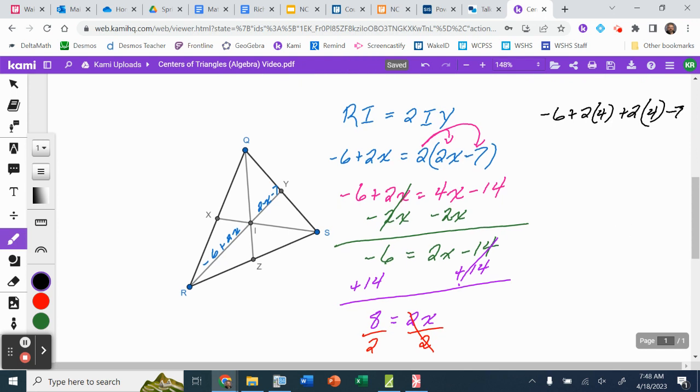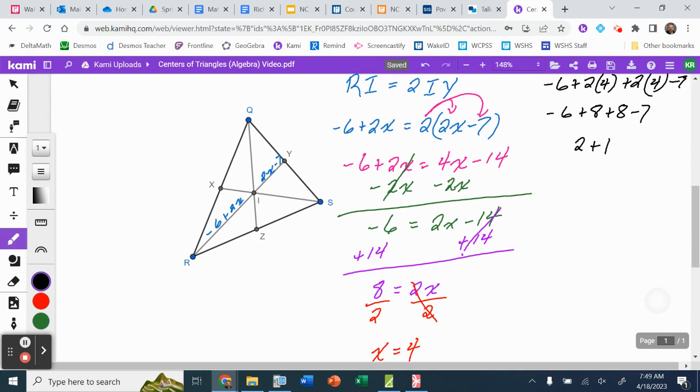So I have 2 times 4, so that's going to give us -6 plus 8 plus 8 minus 7. -6 plus 8 will give us 2, and 8 minus 7 will give us 1.